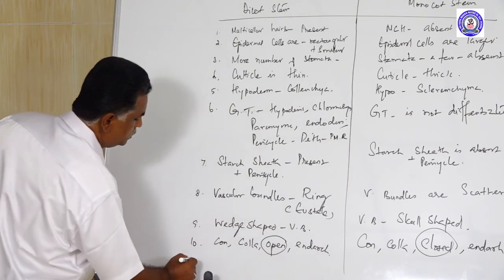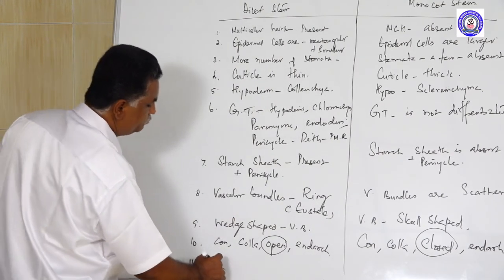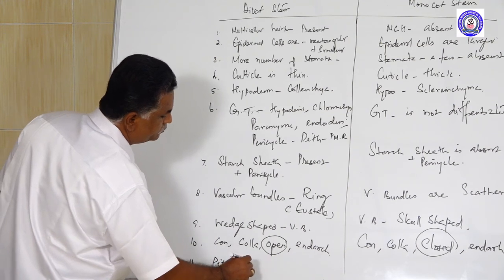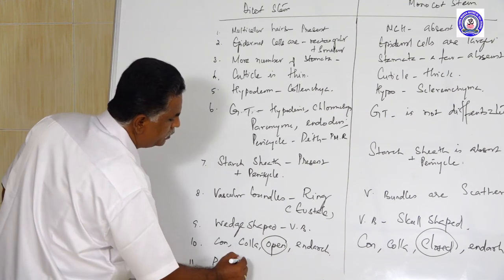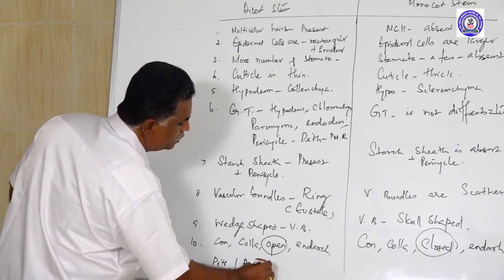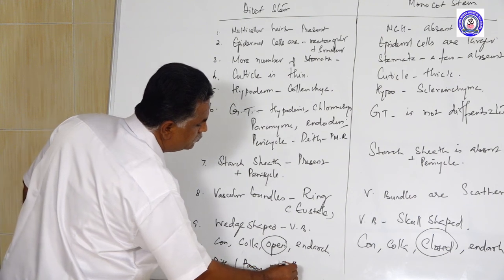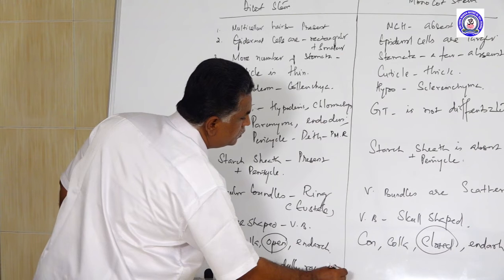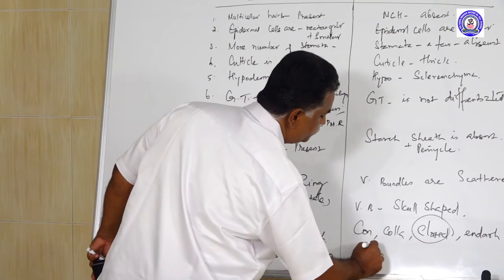And pith and medullary rays: primary medullary rays are present in dicot. In monocot, it is not marked out.